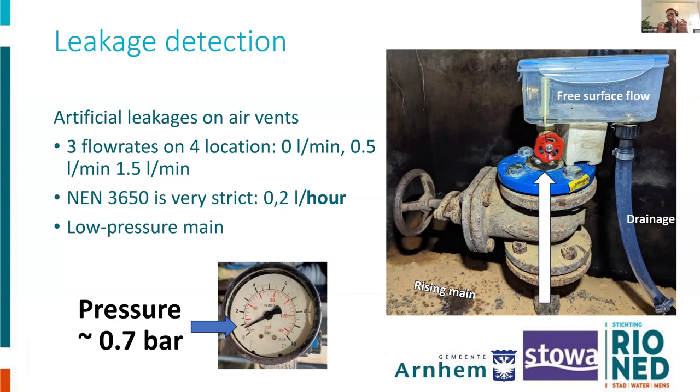So even though you can adjust the flow rate to get this 1.5 liter per minute, for instance, they still might not be able to hear it, because the pressure in this main is only 0.7 bars.